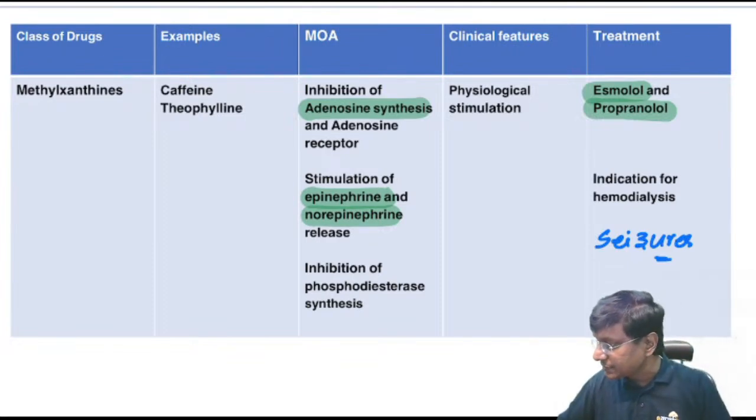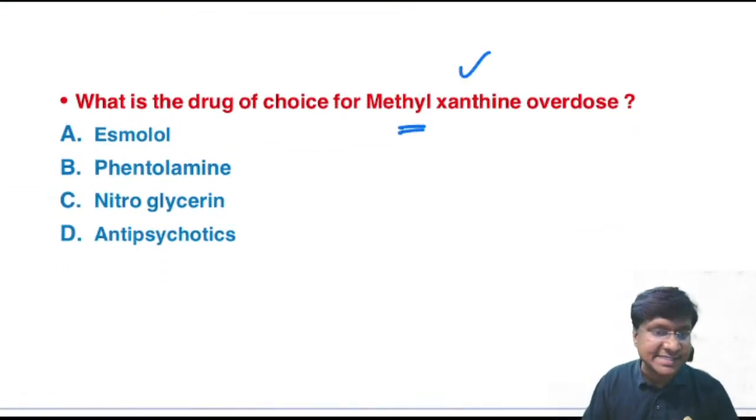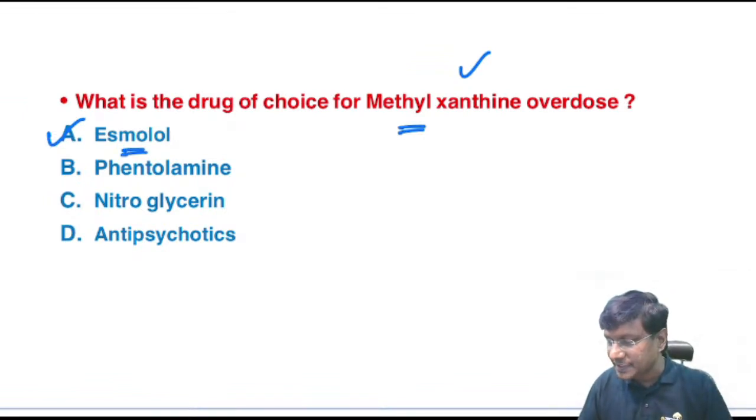So, which of the following is the drug of choice for methylxanthine overdose? It will be esmolol. We give esmolol mainly to reduce the tachycardia, because theophylline or caffeine cause physiological stimulation causing tachycardia, and we want that tachycardia to be reduced.